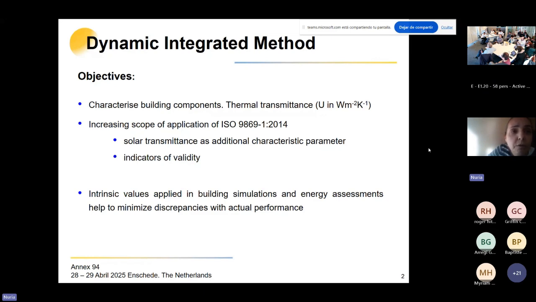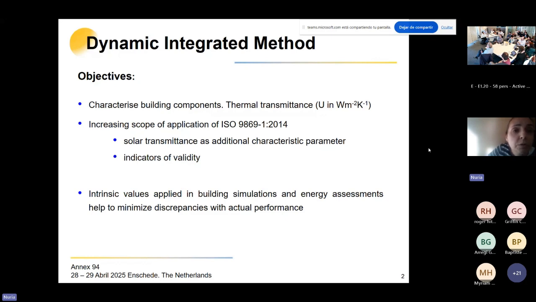So with this objective of obtaining more realistic values for these thermal characteristic parameters, and in order to integrate them in, for example, databases that we can then use when we evaluate or simulate the energy behavior of buildings.